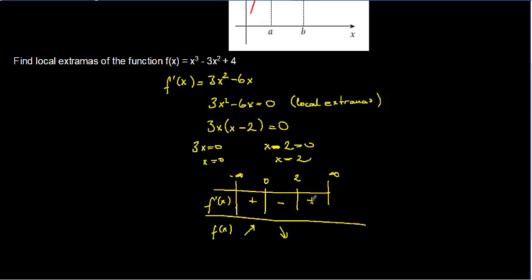Firstly increasing, then decreasing, this is going to be a local maximum. So it means that x is equal to 0 is the local maximum point. Then firstly decreasing, then increasing, this is the minimum point. So this point is going to be the local minimum point.